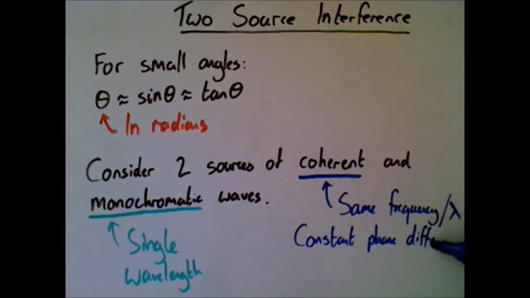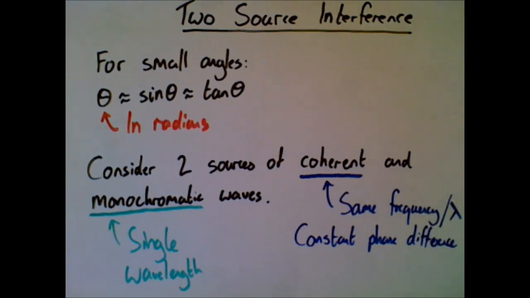Now, often that phase difference will be 0. You've got two waves in phase. If you've got two sources in phase, they obviously have a constant phase difference of 0. But it doesn't have to be. The key thing is, though, that that phase difference is remaining constant. Okay, let's look at what we mean by that then.